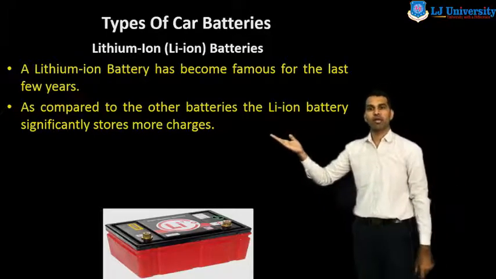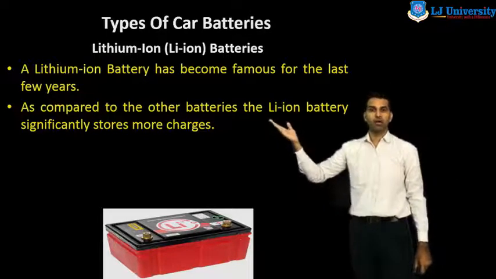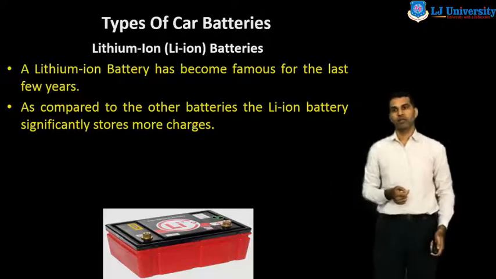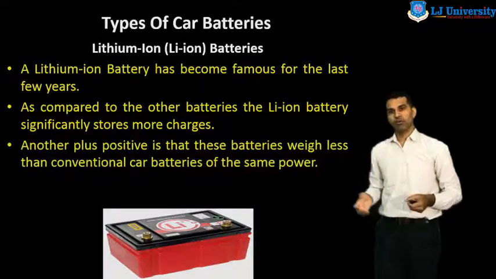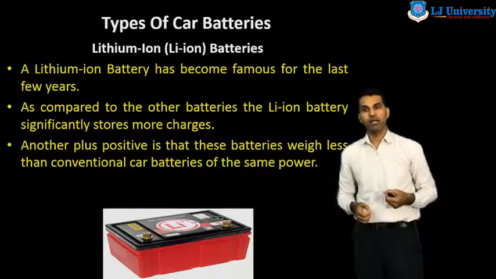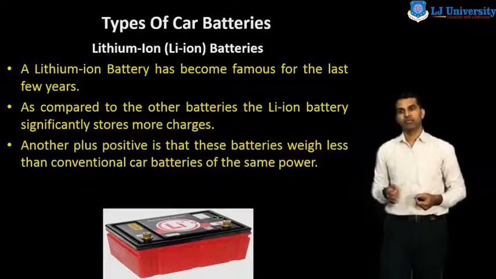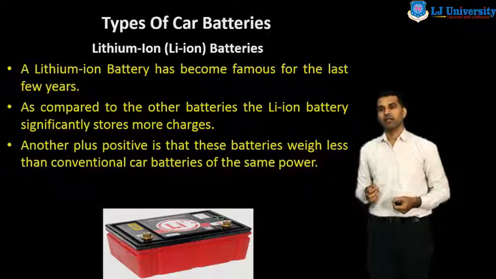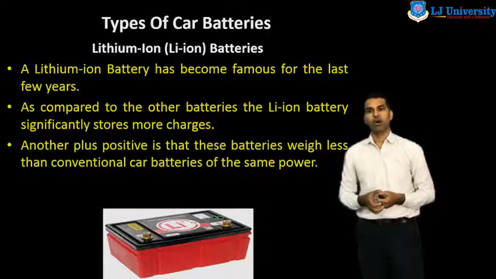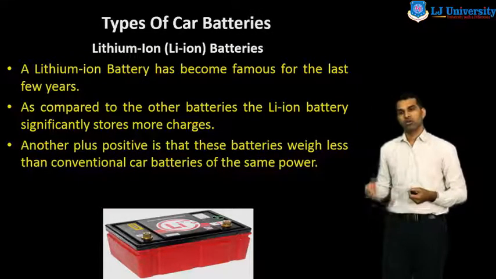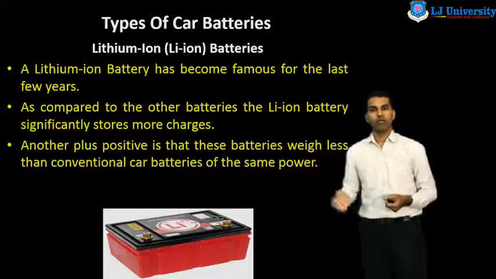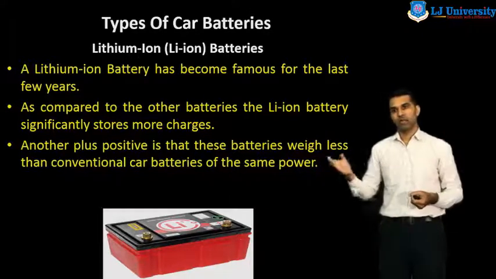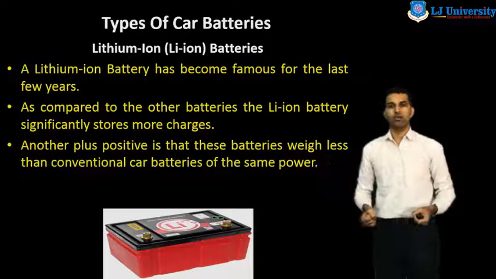This is the main advantage of lithium-ion batteries. Another advantage of this battery is that it weighs less than conventional car batteries of the same power. So as compared with the other batteries, the weight of this lithium-ion battery is low.